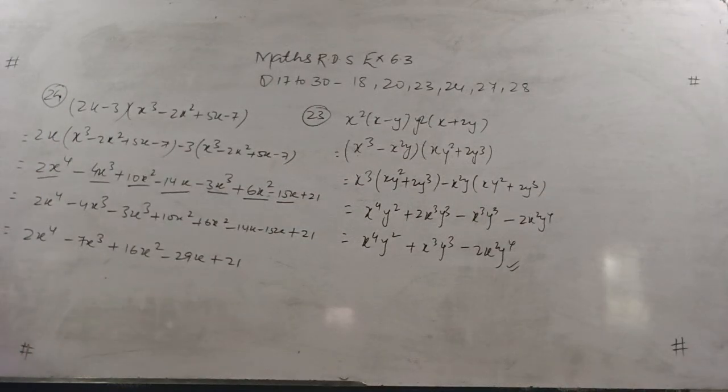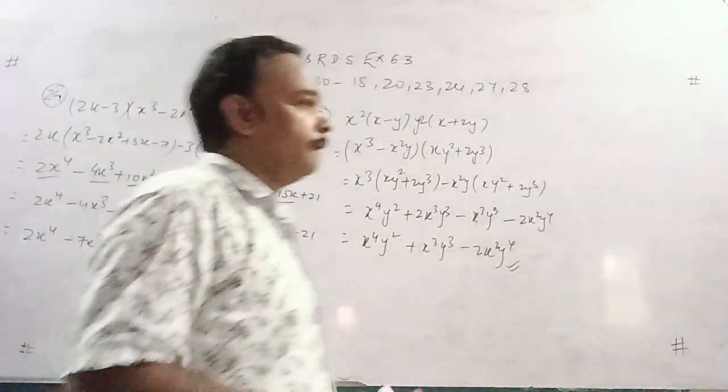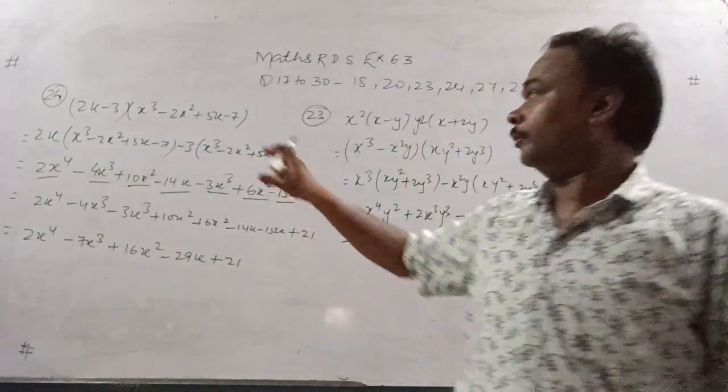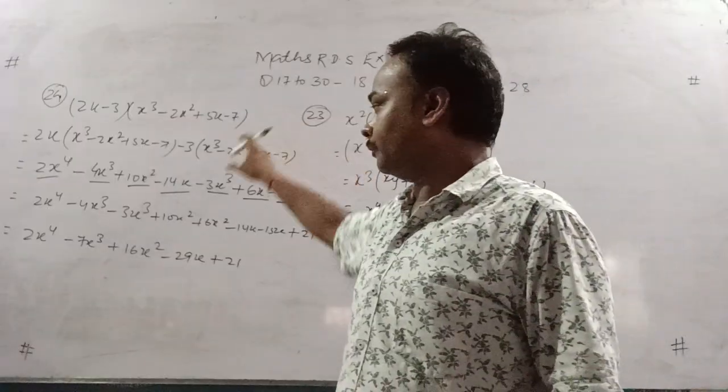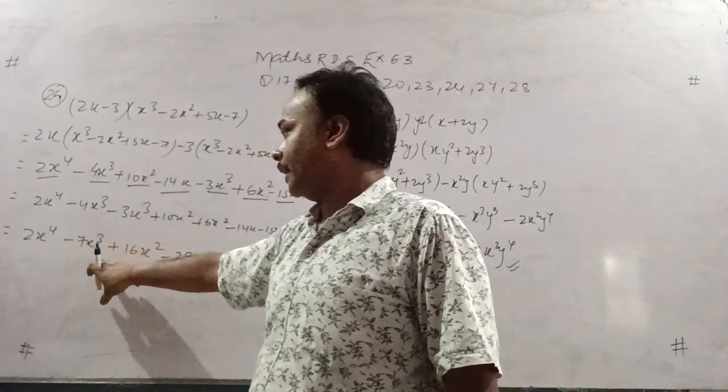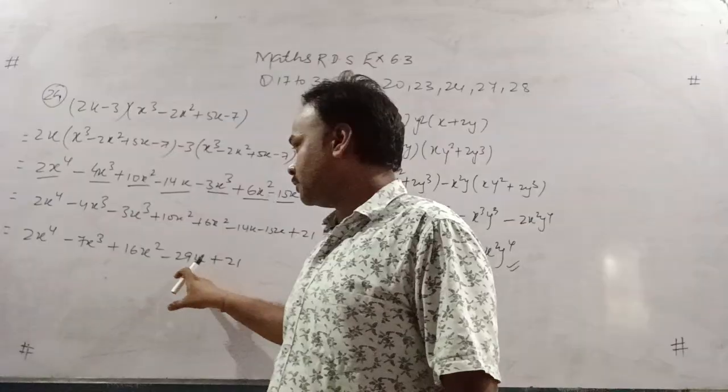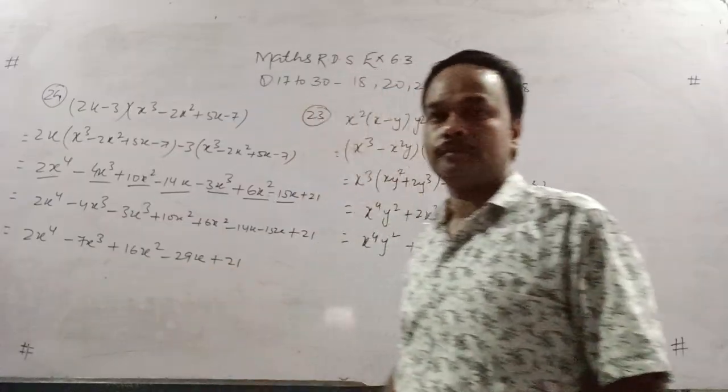This is the product of this question. So this is the product of a binomial with a polynomial, and the product will be 2x to the power 4 minus 7x cube plus 16x square minus 29x plus 21.